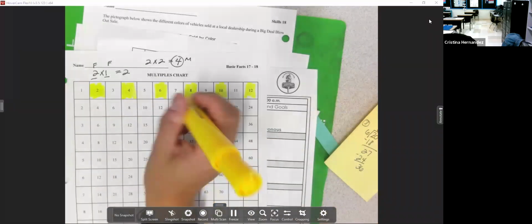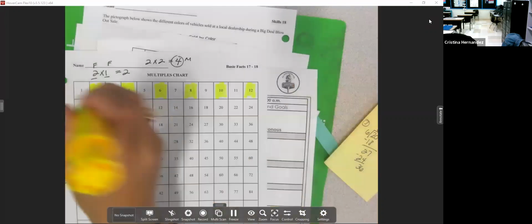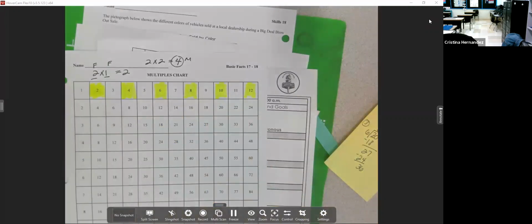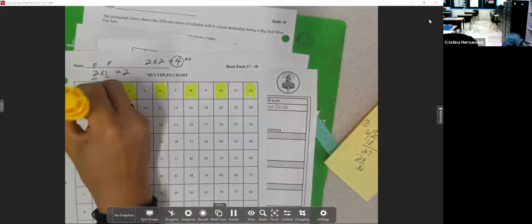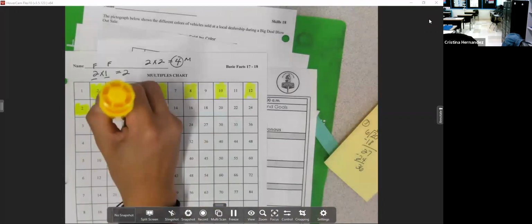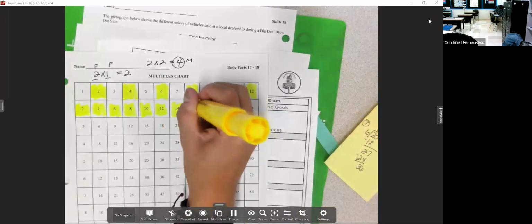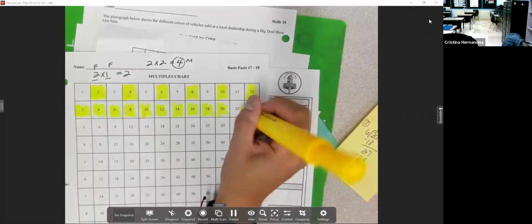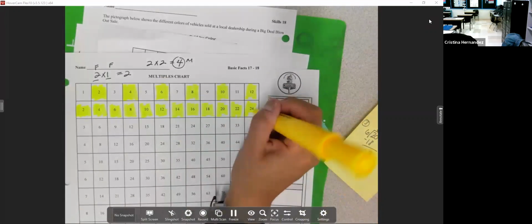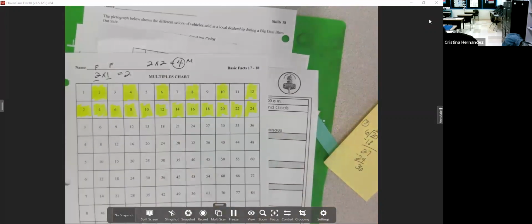We do like all of these. And 2, and then 4, 6, 8. These are all divisible. And if you don't have a pencil, you can just scribble over, or if you have a pencil, you can just scribble over it.